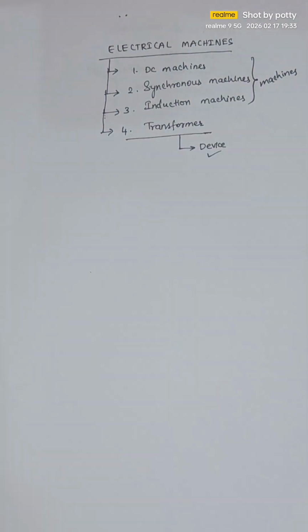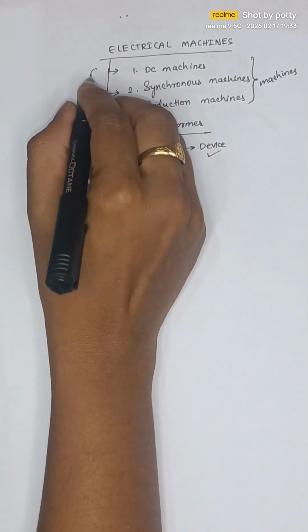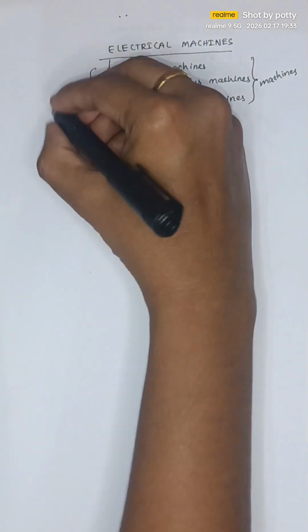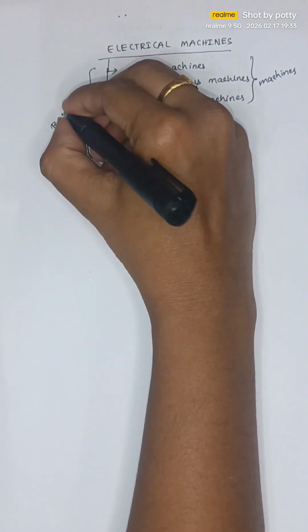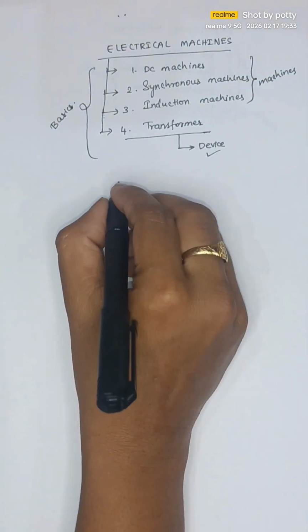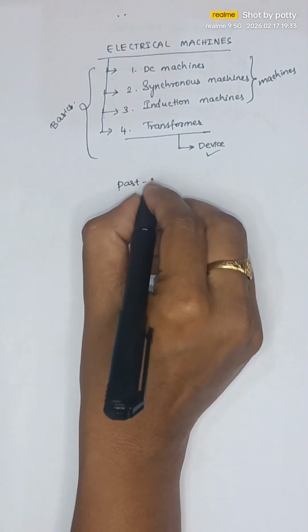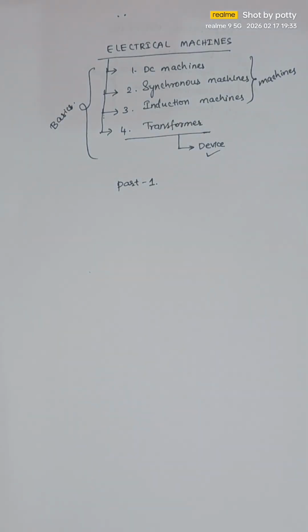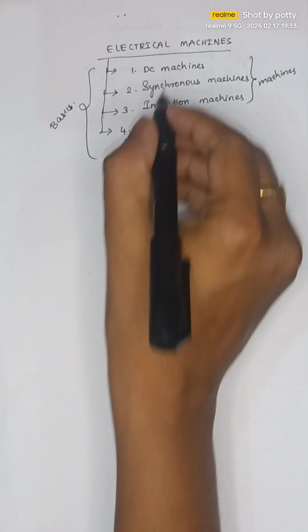In the first part we are going to learn about the basics of these four parts. In the part 1 lecture, we are going to learn the basics of the electrical machines subject of these four parts.